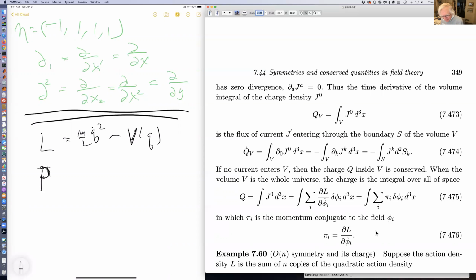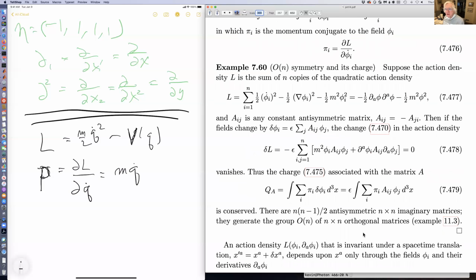In field theory, one often uses pi for p. So this thing is partial L, partial q dot, which is m q dot, or mv, and that's what we normally call p.